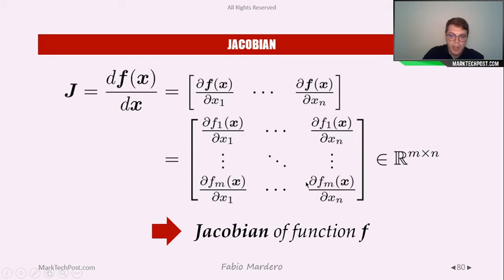So while the gradient was a vector, here we are getting an m times n matrix. We express this as partial derivatives with respect to the n directions, but f is a column vector, and so I write it down to get this matrix.